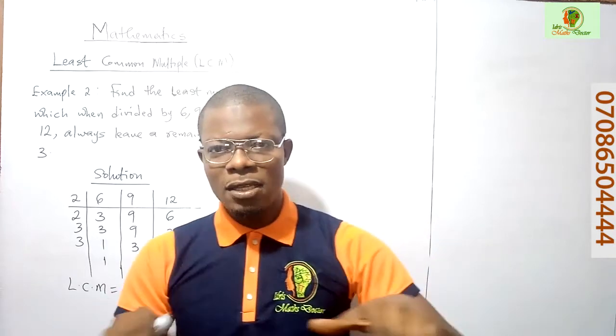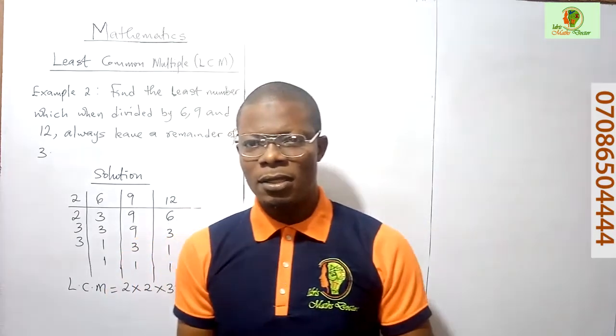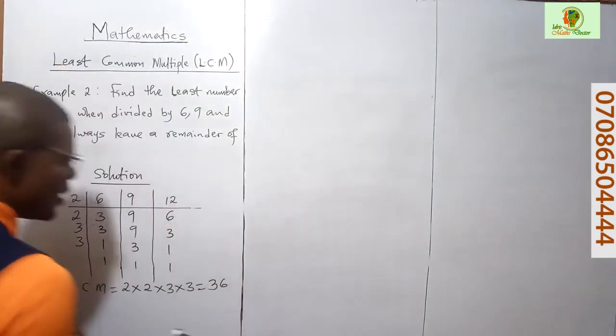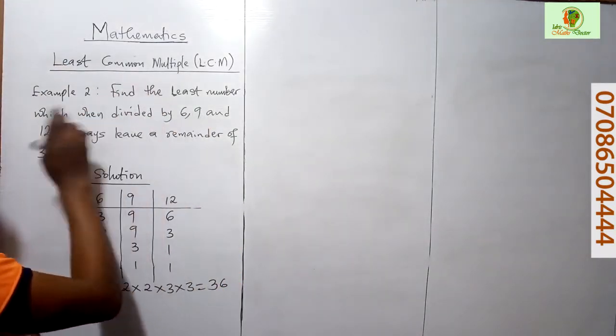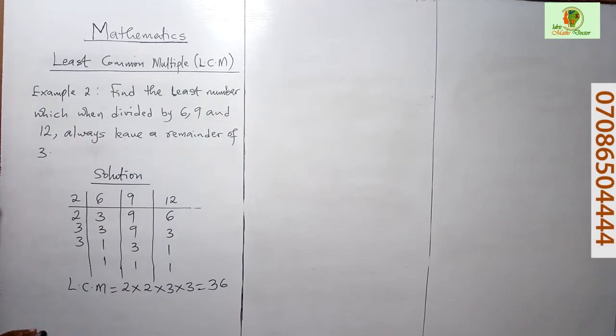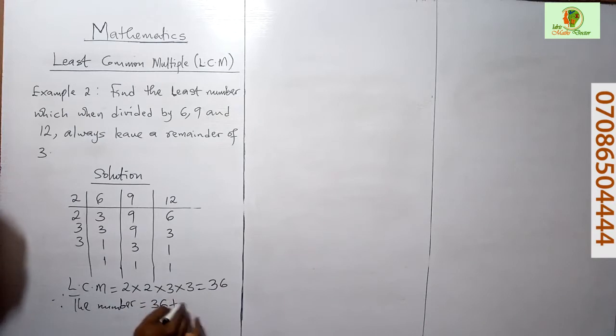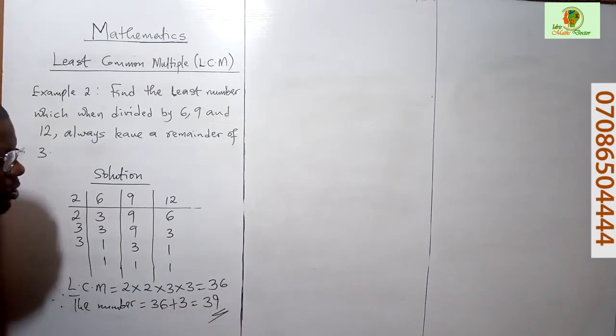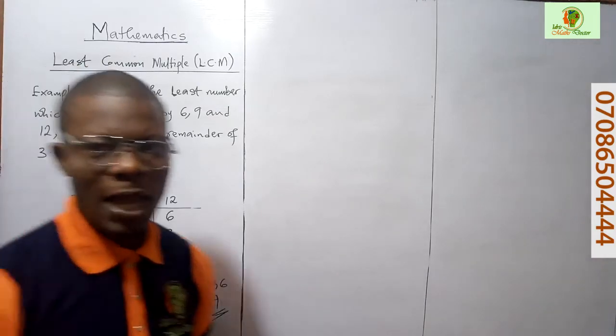The least, the lowest. Since the number when divided by 6, 9, and 12 always leaves a remainder of 3, what you just do is the number now equals 36 plus 3, which is 39. 39 is the answer.